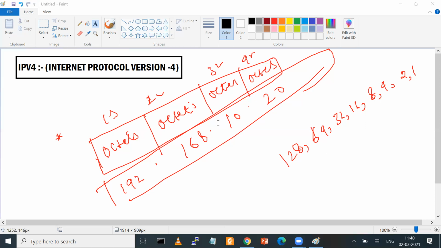So the second number is wrong, the first is correct. The second one is wrong, the third is correct, the fourth is correct. The requirement is 168. So, see, it should be like this.